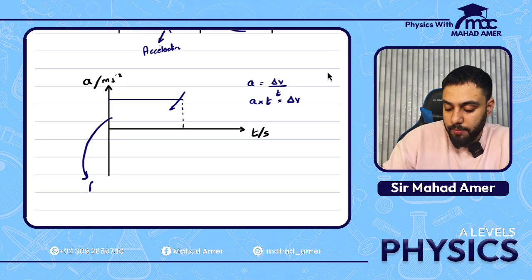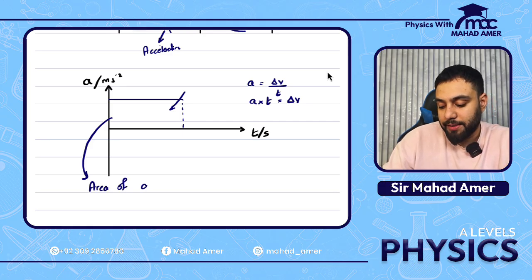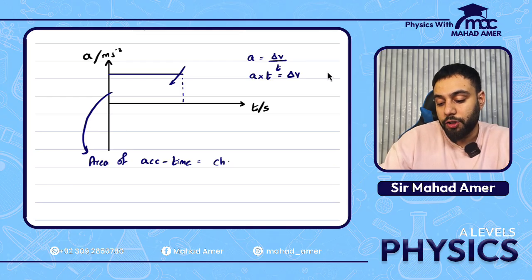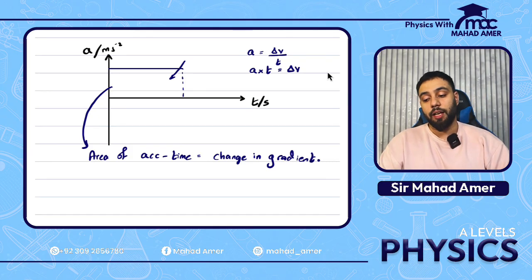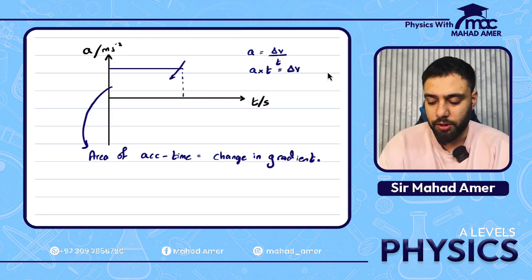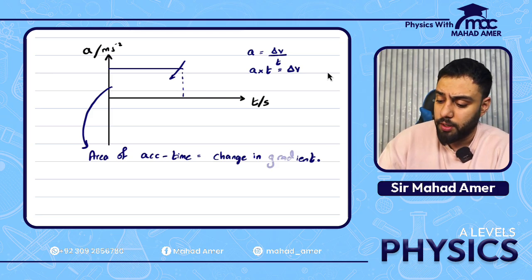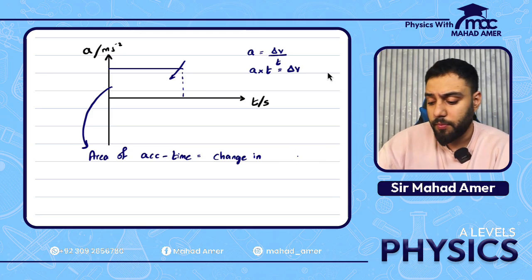So the area of an acceleration against time graph gives us change in velocity. The gradient does not give us anything that we need. So the area of an acceleration time graph basically gives us change in velocity, not gradient.